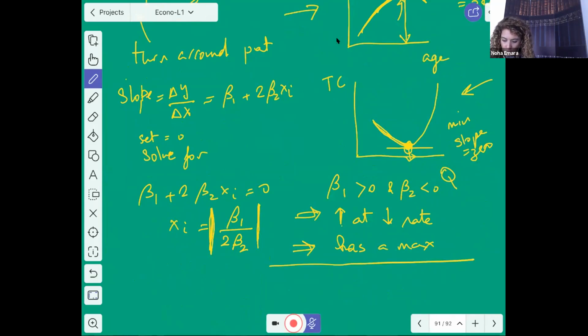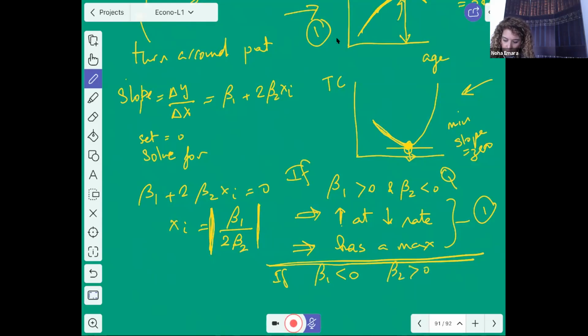This is graph 1. The opposite: if beta 1 is negative but beta 2 is positive, then my relationship is decreasing at an increasing rate. It has a minimum, and this is graph 2.